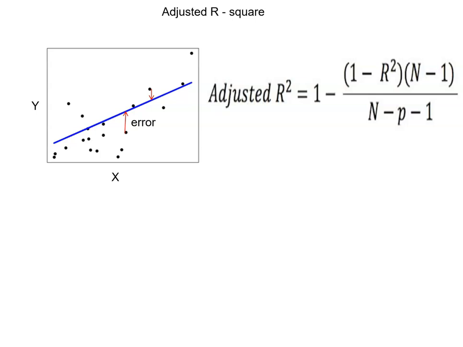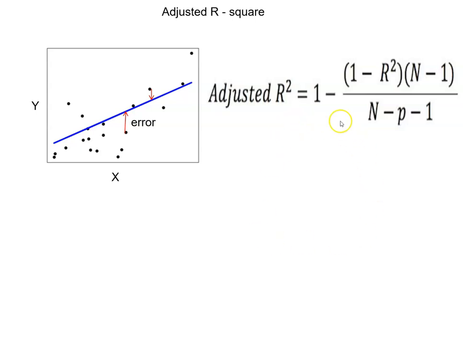For example, I have a variable which is increasing the R square. I just want to know whether that variable is truly increasing the accuracy of the model, or whether, based on the formula, it is increasing the R square value but not the actual accuracy of the model. In that scenario we use adjusted R square.